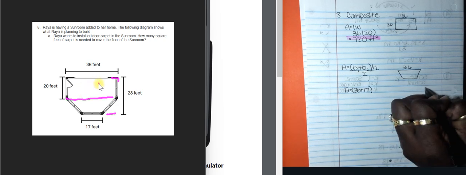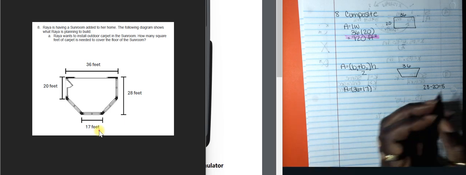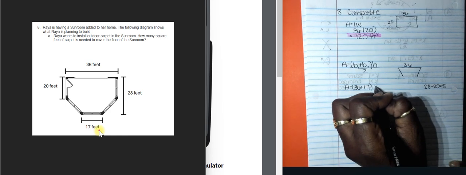So let me put that off to the side. I'll put 28 minus 20. That gives me a difference of 8. So that means my height is 8. And let's see how this makes sense. This is just talking about the height. That would be 20 here, 8 here. Makes sense that this is a total of 28 feet for the entire height. So our height is 8.